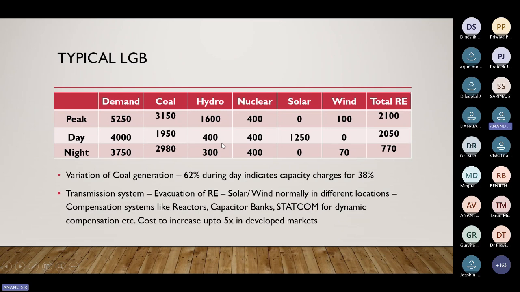Why 400? Because we have some cascaded schemes, like Pallivasal generating station near Munnar. Below that we have a generating station Chenkulam, and below we have Neriamangalam, then again Lower Periyar.